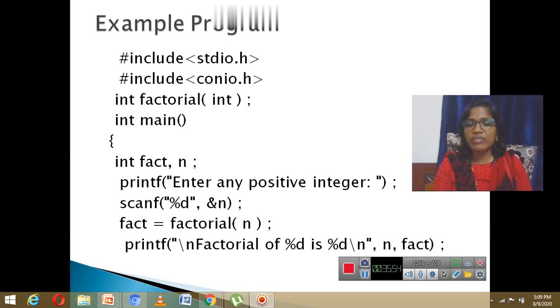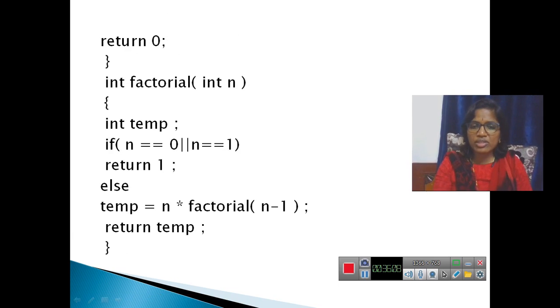So you are calling the function factorial of n, so it is factorial of 5. Whenever you call this, the control of execution moves to the function definition. So what is it doing? It is returning an integer, the factorial of a number. Here factorial is the function name, and the actual parameter and formal parameter are both the same. Coming to int temp, another variable I have taken.